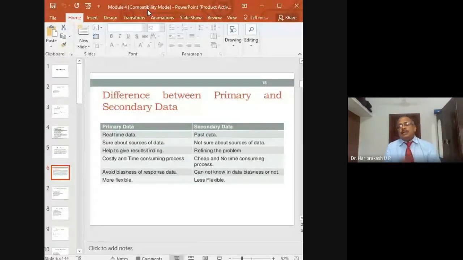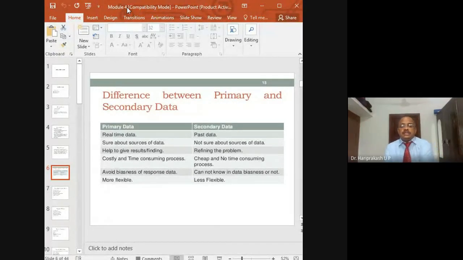When articles and publications are done, they are supposed to state where they collected the data from. That is mandatory. But sometimes you collect from resources that are not authentic and may not follow the guidelines, so you are not very sure about the sources.